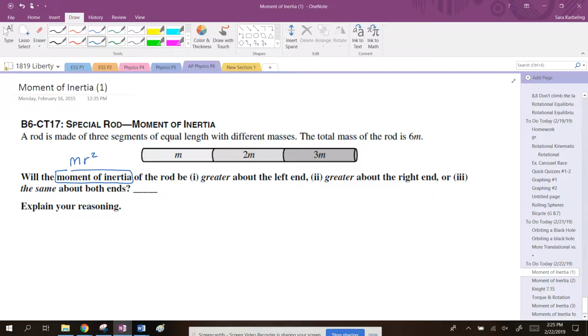Around, right? So if we rotate it about the left end, I'm going to put my axis of rotation here. Whereas if I do it about the right end, that's going to be putting it over here.